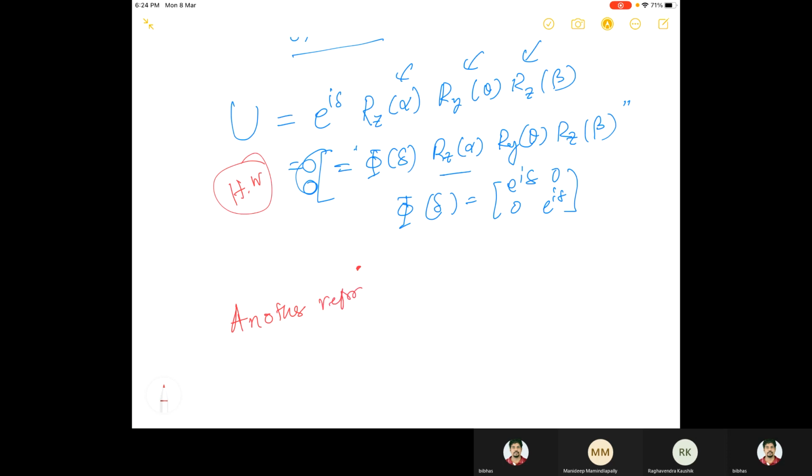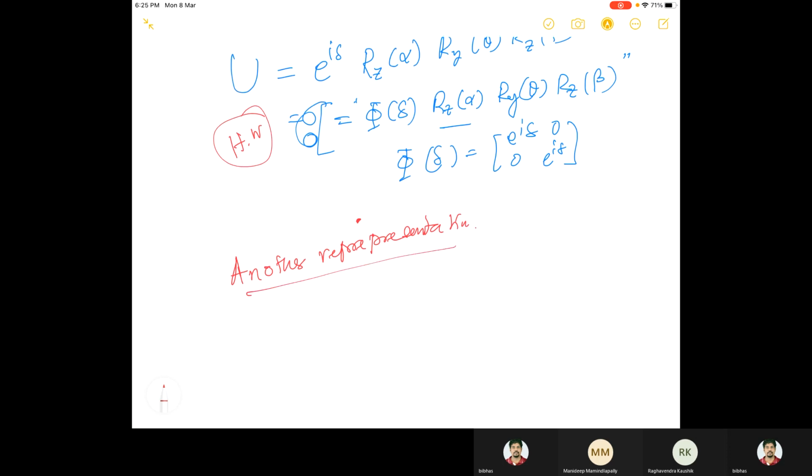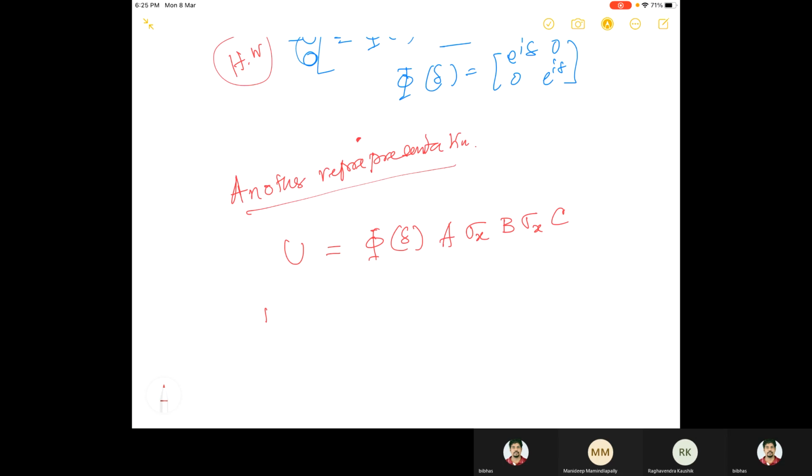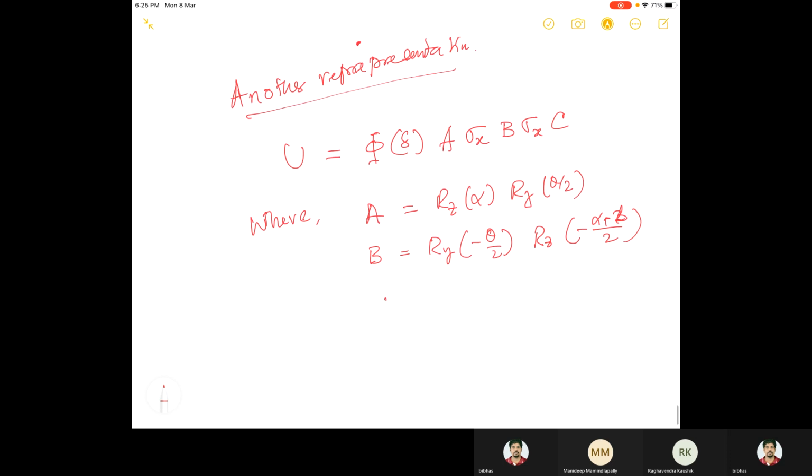U can also be written as e to the i delta, A sigma x B sigma x C, which is another way of writing the same thing, where A equals Rz alpha Ry theta by 2, B is Ry minus theta by 2 Rz minus alpha plus beta by 2, and C is equal to Rz beta minus alpha by 2.